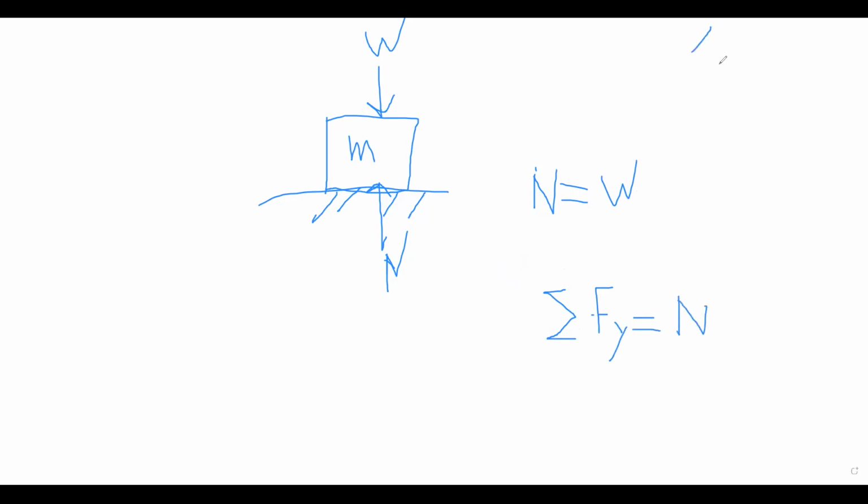So if we did positive Y, N minus W is equal to the sum of the forces, which is equal to 0. All right, and so your normal force would be equal to W, which is the weight. That's how we would look at that and observe that.